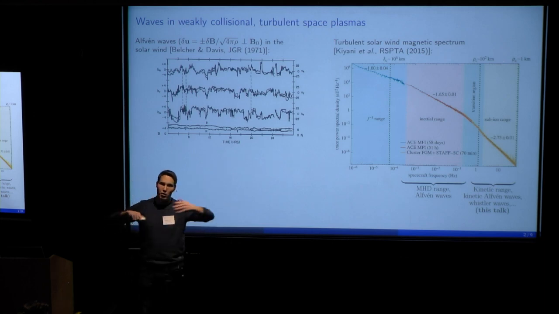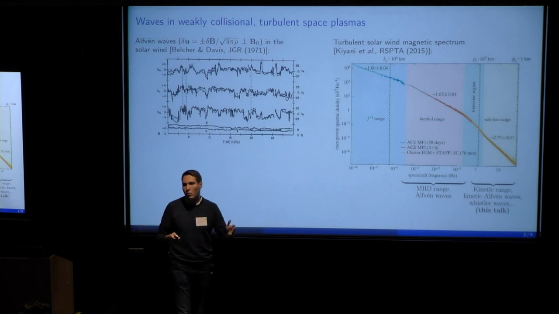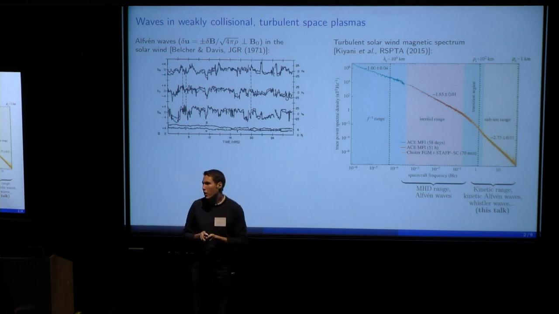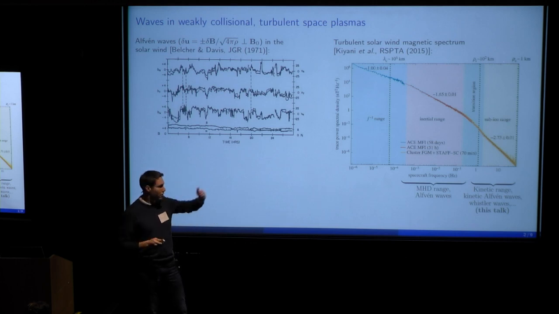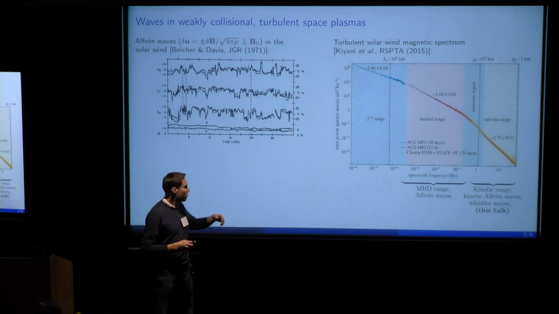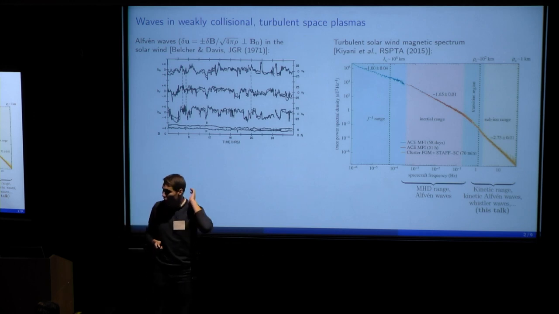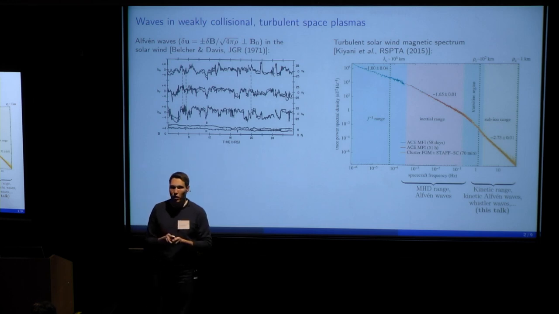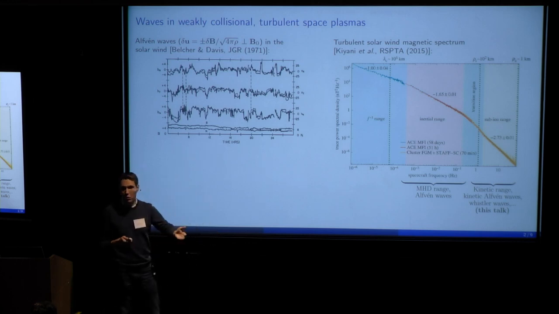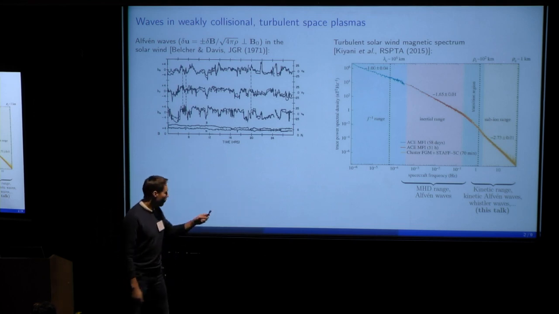The wind flies past the spacecraft at speeds ranging from about 400 to 800 kilometers per second, and we can measure the time trace of, let's say, magnetic fields or some other quantity as the wind flows by. By invoking the Taylor hypothesis, which was mentioned in the previous talk, we can convert the frequency in the spacecraft frame into an effective wavelength in the plasma frame.